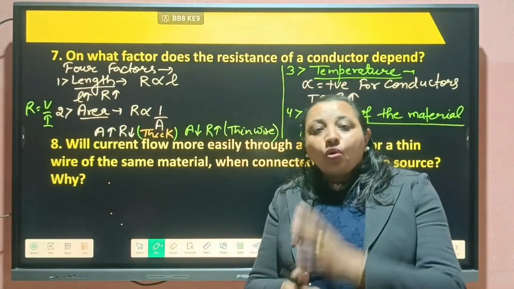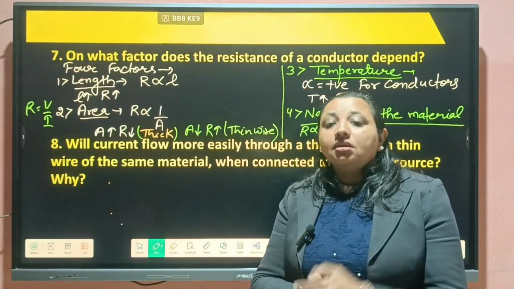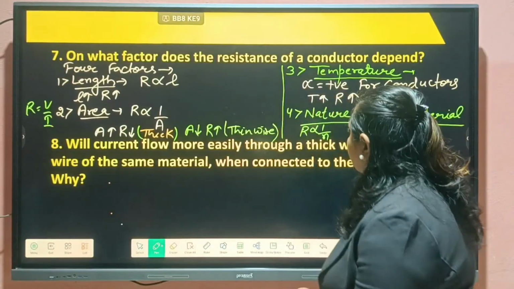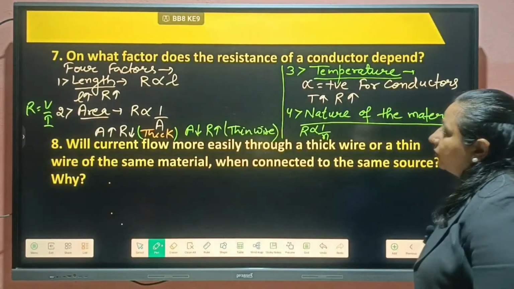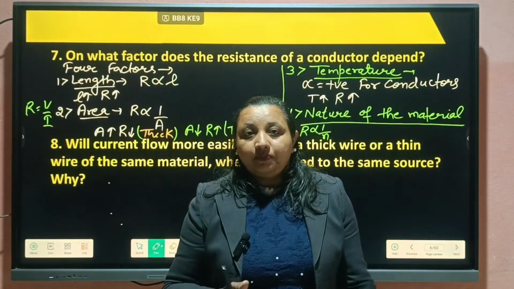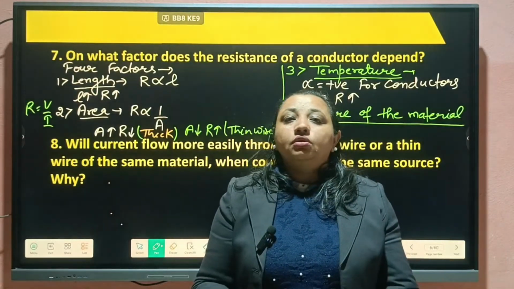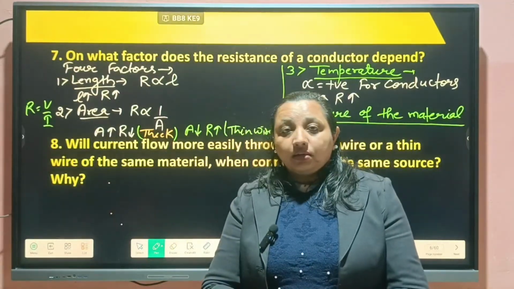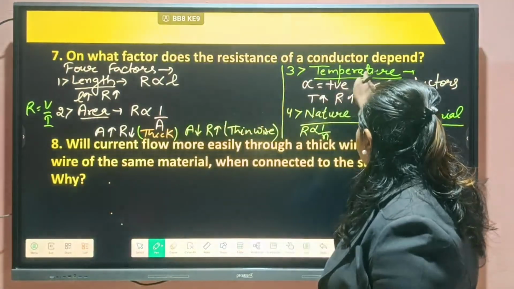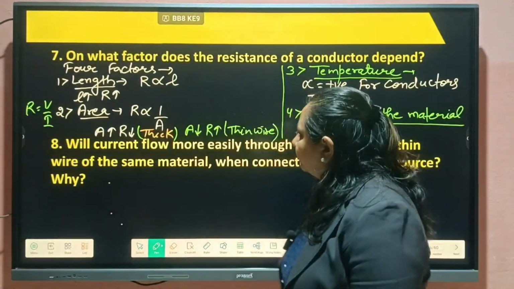If a material has more free electrons, its resistance is less, that means its conductivity is high, and more current flows through that material. That's why silver has more free electrons, जो electron density है, that is greater in silver in comparison to iron. So silver is a better conductor than iron. So these are the four factors: length, area of cross section, temperature, and nature of the material on which the resistance of a conductor depends.